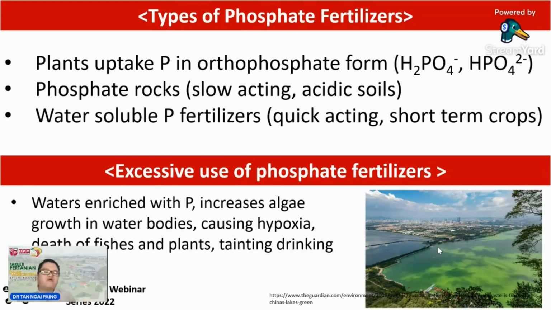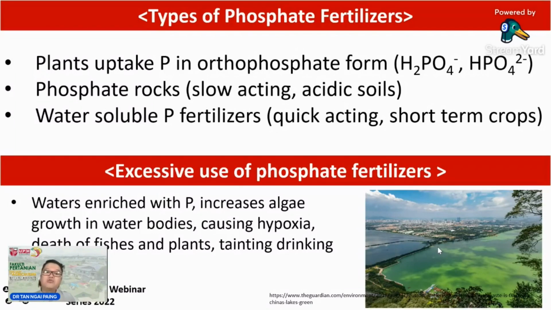Water-soluble P tends to be much more fast-acting, and it's very suitable for short-term crops like vegetables, where you can harvest in 60 days or even shorter, like 30 days or a few months. Phosphate rock is much more suitable for perennial crops, something like oil palm, rubber, or any tree that can grow for many, many years.